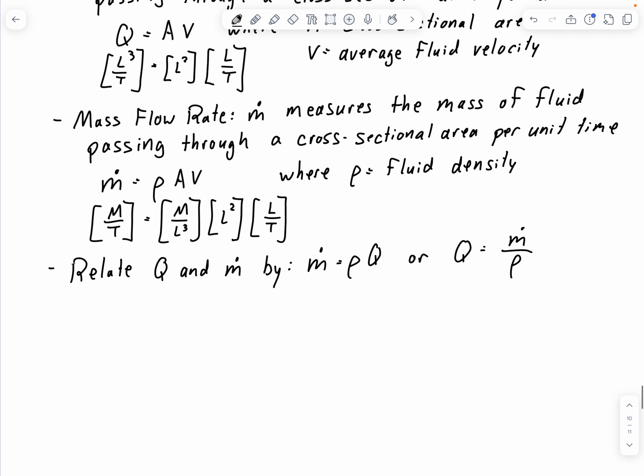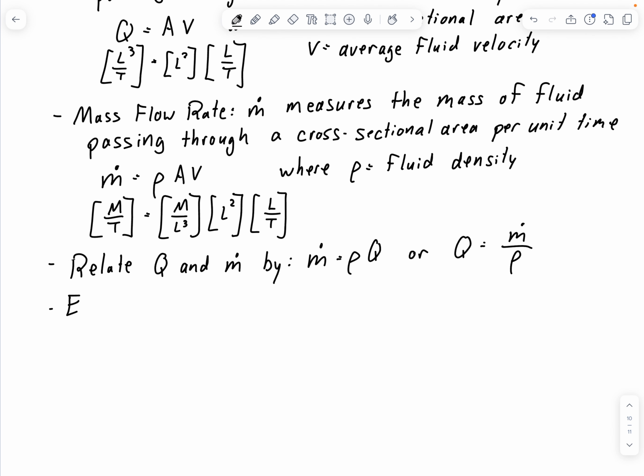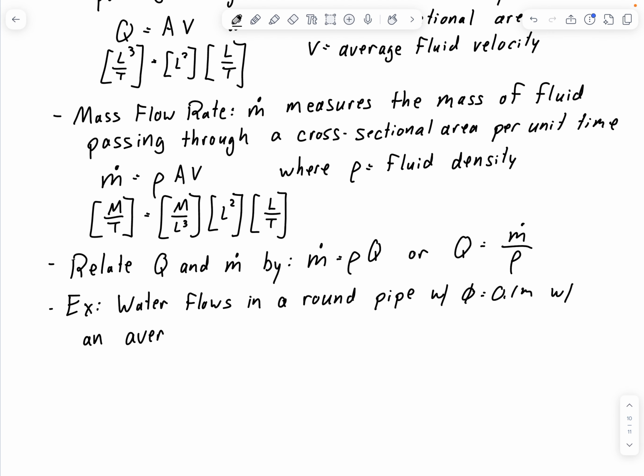So we'll do a quick example here to illustrate these two flow rates. So for example, we have water which flows in a round pipe with a diameter of 0.1 meter with an average speed of 0.2 meters per second.